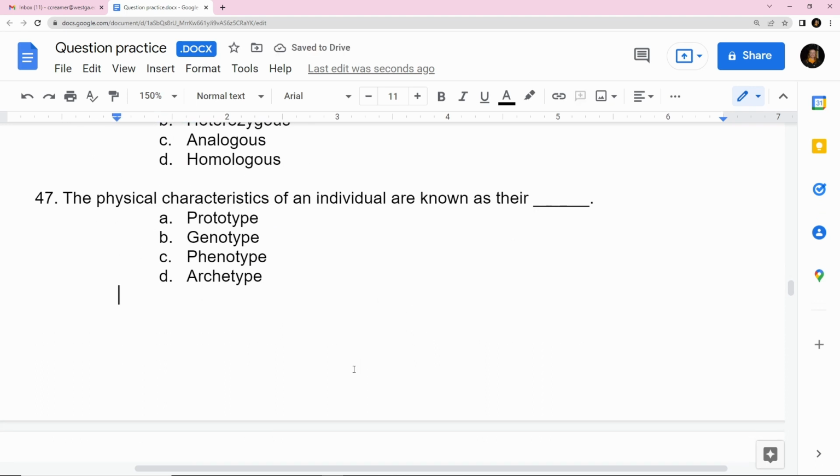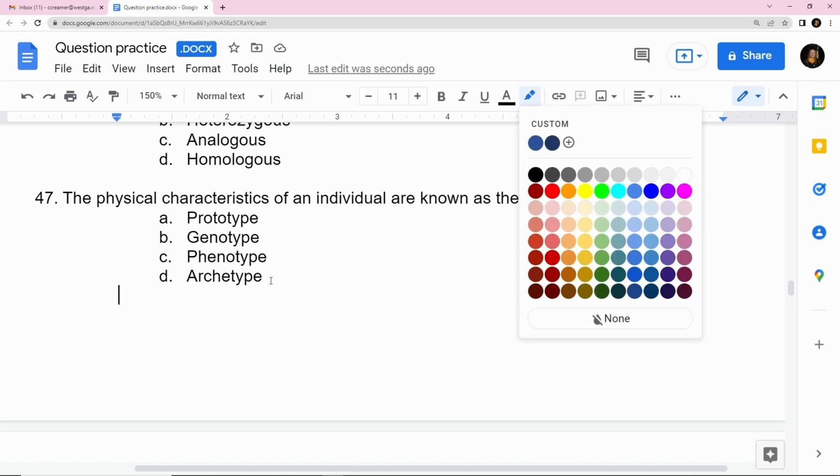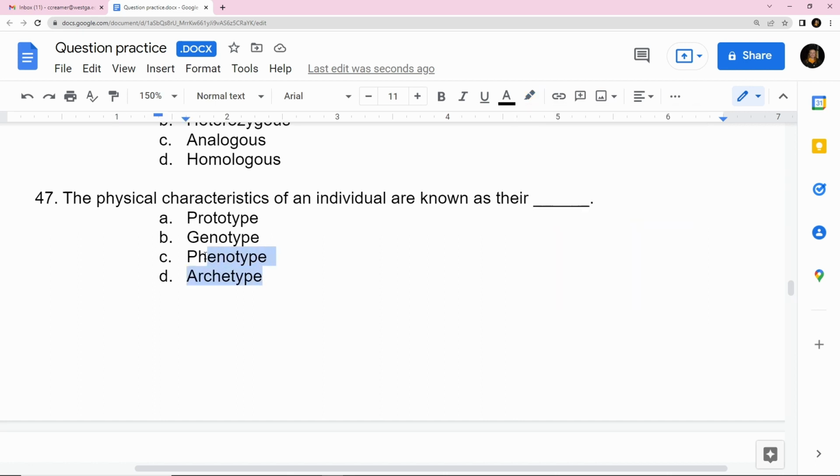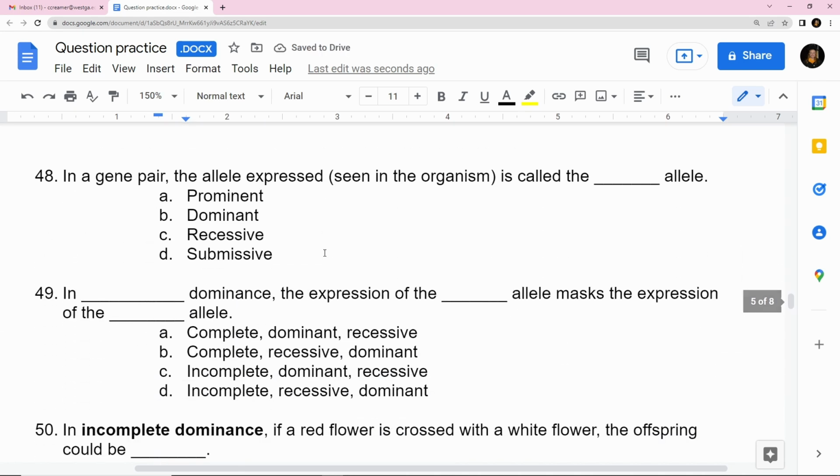The physical characteristics of an individual are known as their blank: prototype, genotype, phenotype, or archetype. If you said phenotype, you would be correct.